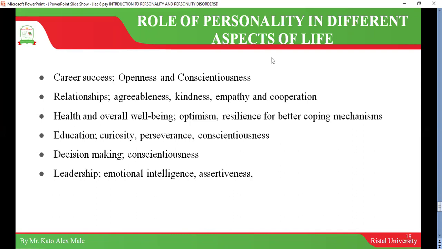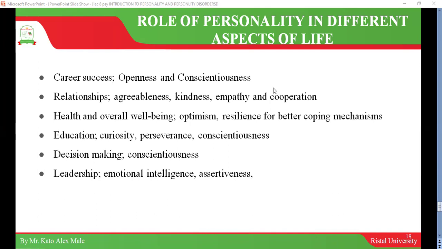Another aspect of life is relationships. So we have the agreeable behavior. Agreeableness, kindness, empathy, and cooperation are good personality traits in relationships, because someone is not arguing so much. Someone easily agrees with you. You can sit down and discuss with them. Someone is empathetic, someone tries to feel how you feel. Someone is cooperative.